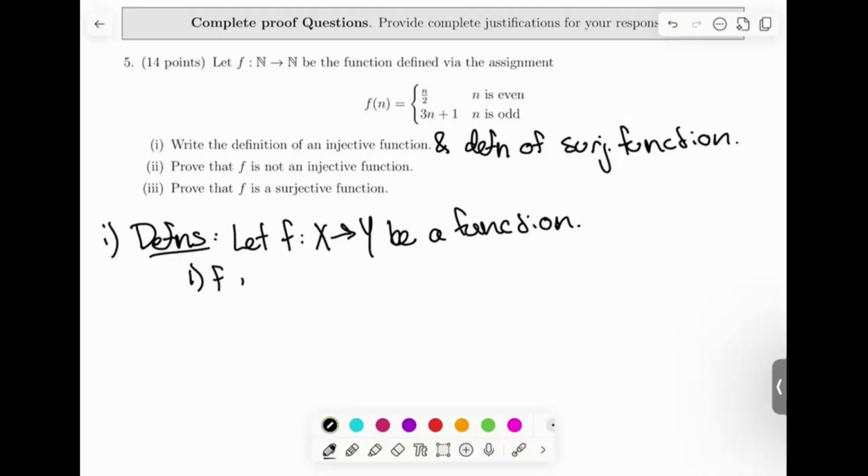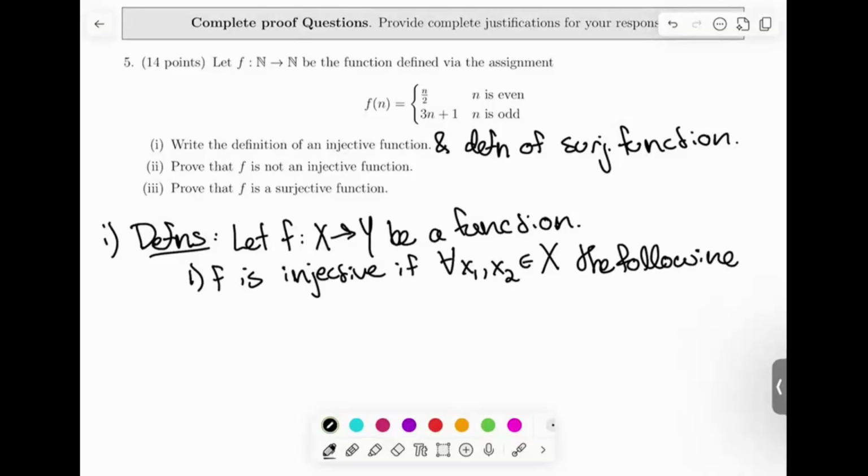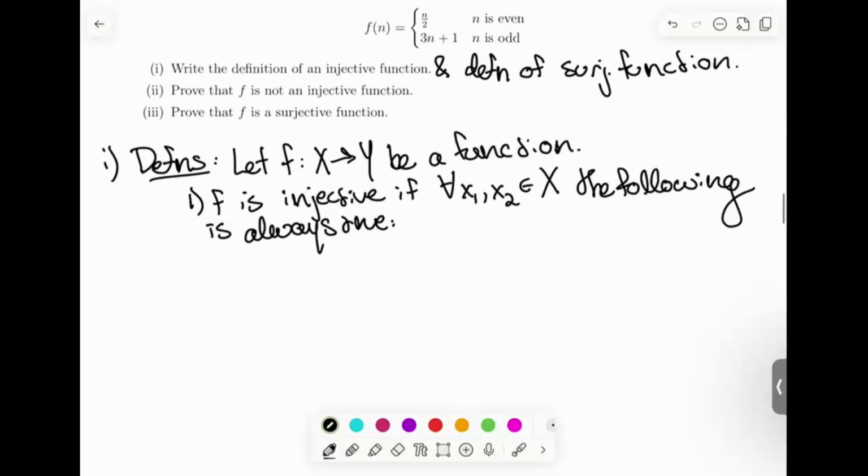F is injective if for all x1 and x2 inside of its domain, the following is true: if f of x1 equals f of x2, then x1 must equal x2.